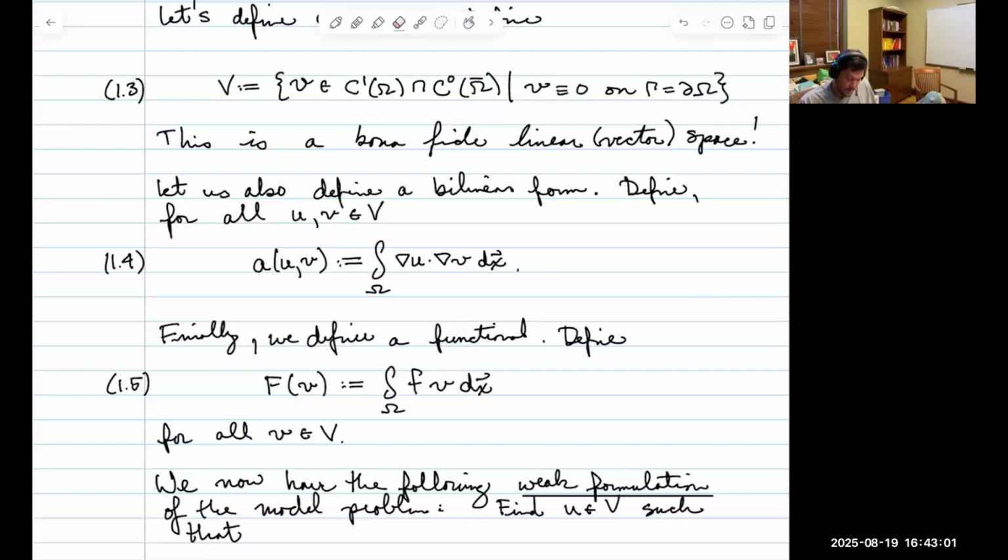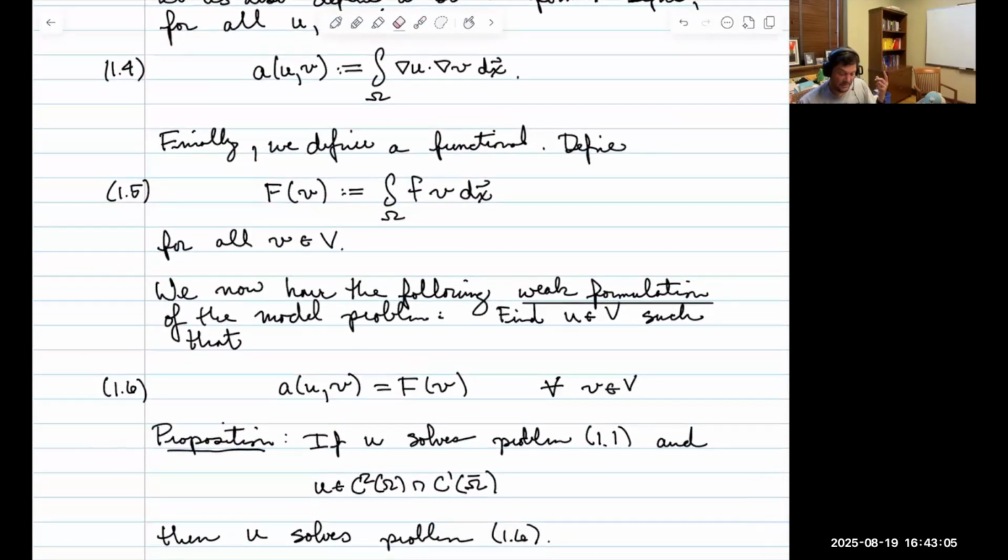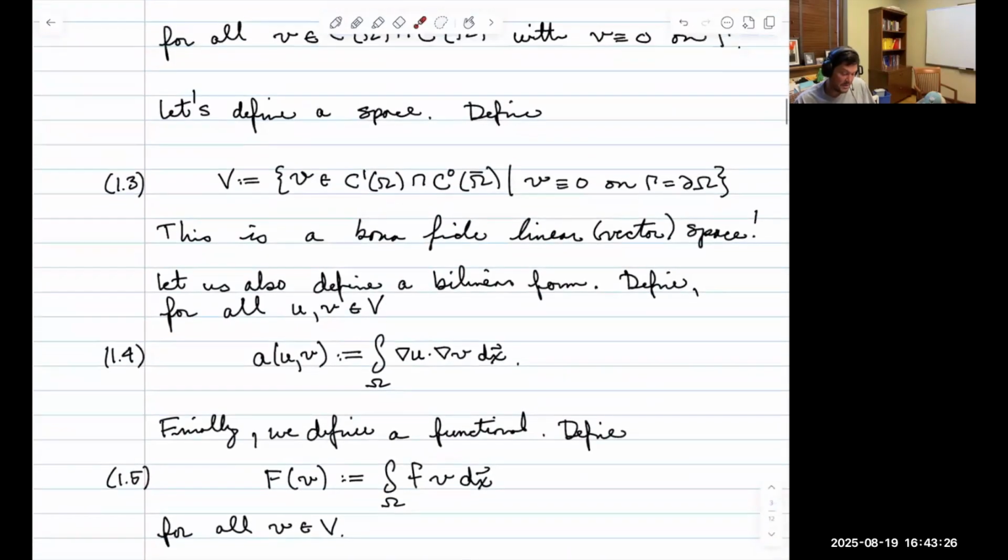And of course, I could fix this up to make f not so bad near the boundary. Right. So now we have all the tools that we need to define a weak formulation of the model problem. So here's the weak formulation of the model problem. We're looking for a u in the space V such that, remember V is this setup here.